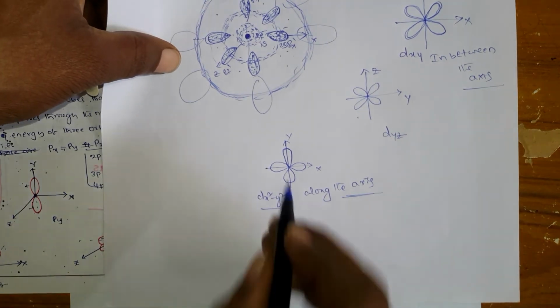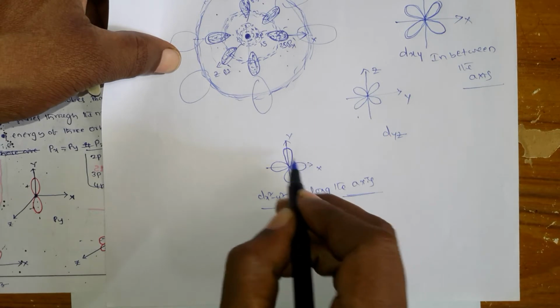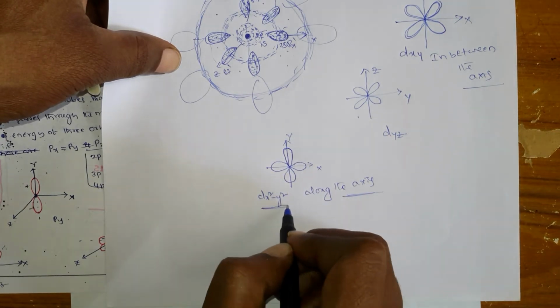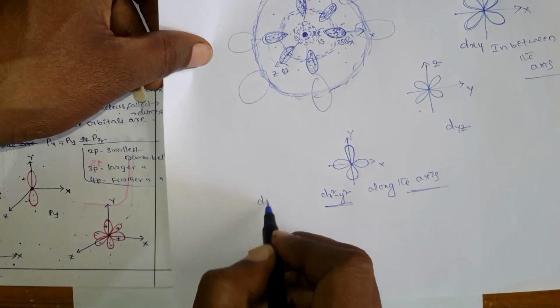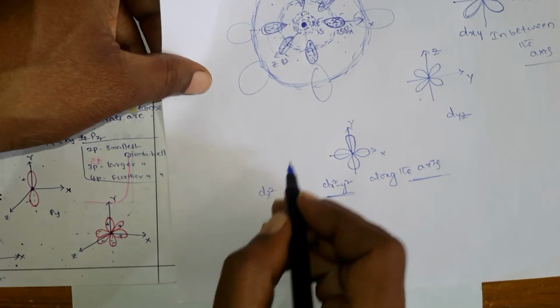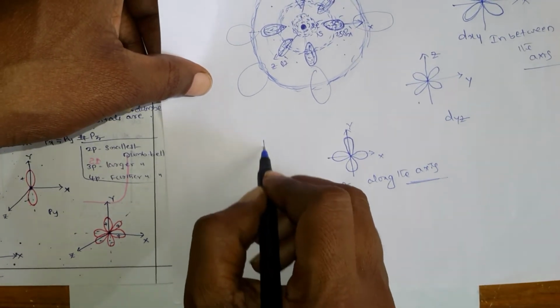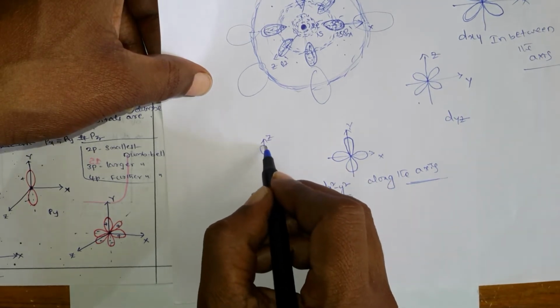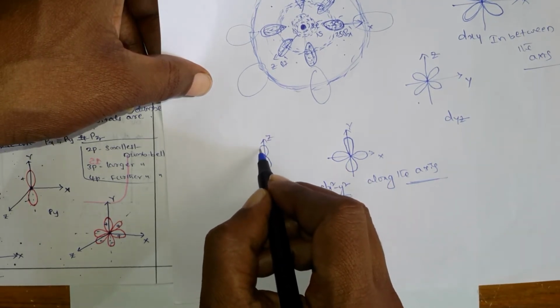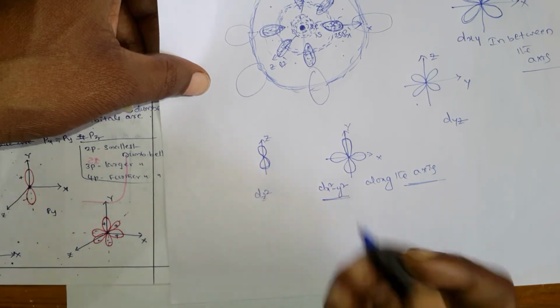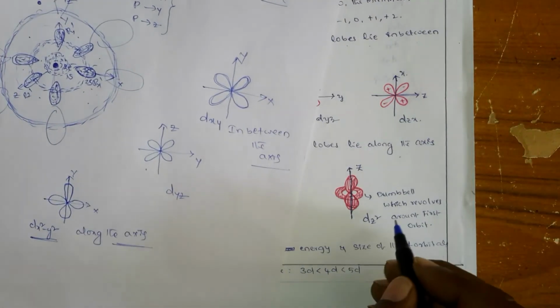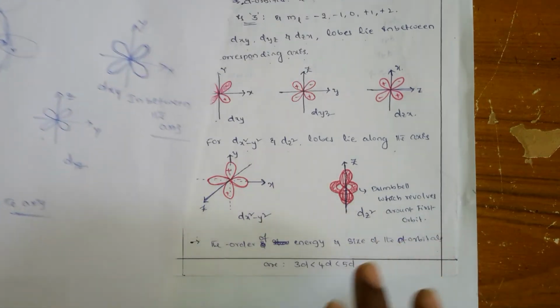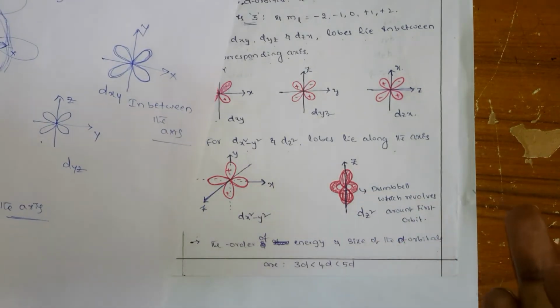Here the lobes are along the x and y, so you can call it x square minus y square. Then for dz square, there is a z axis and one lobe will be aligned along the axis. This is one lobe, and the other lobe takes a spherical shape like this.